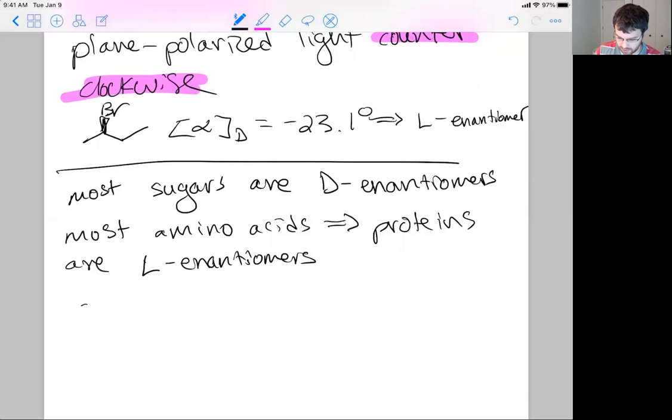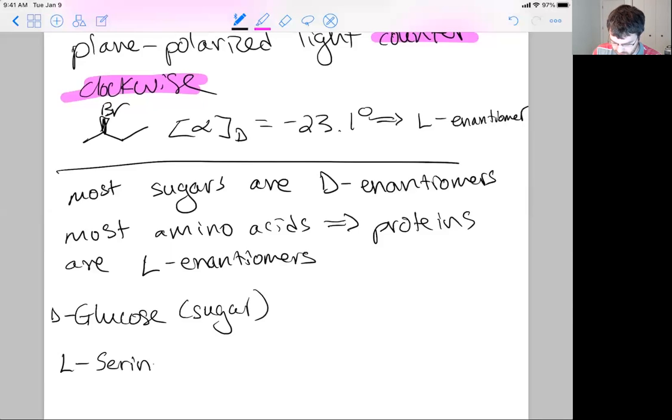So for example, glucose, the glucose that we know and love, which is sugar, is actually the D version. So we often see biochemists label this as D-glucose. And then if you wanted an amino acid, I'll pick serine as one of my favorites. So I'm going to label serine as L-serine.